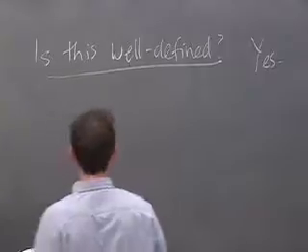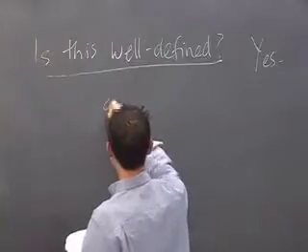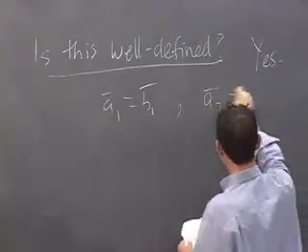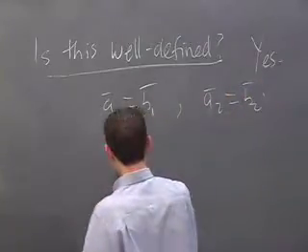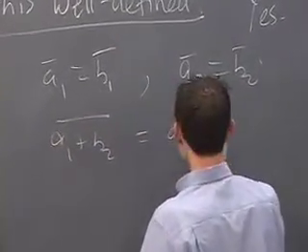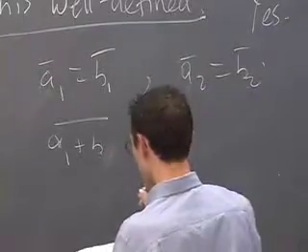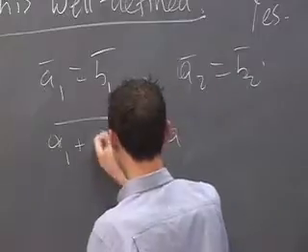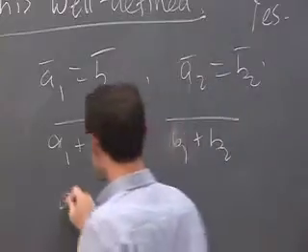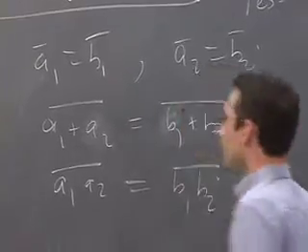Just to make this completely explicit, if I have A1 bar equaling B1 bar and A2 bar equaling B2 bar, then A1 plus A2 bar is B1 plus B2 bar, and likewise A1 A2 bar is B1 B2 bar.